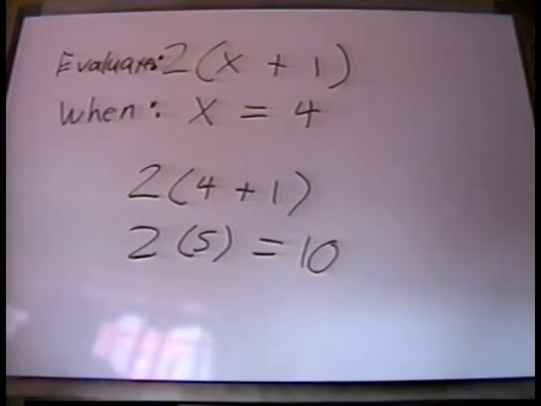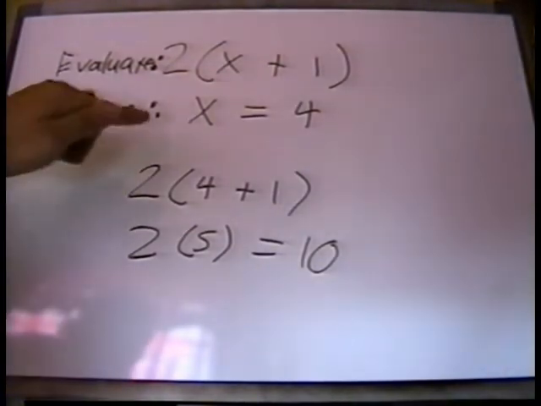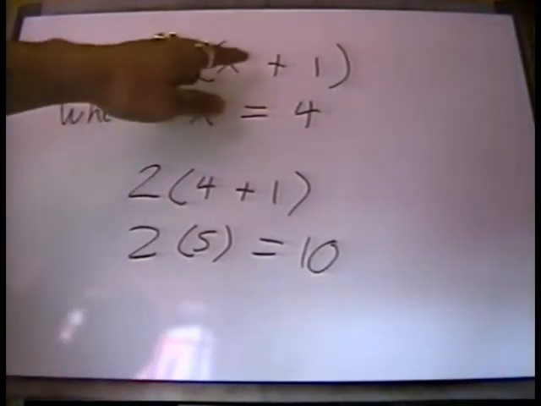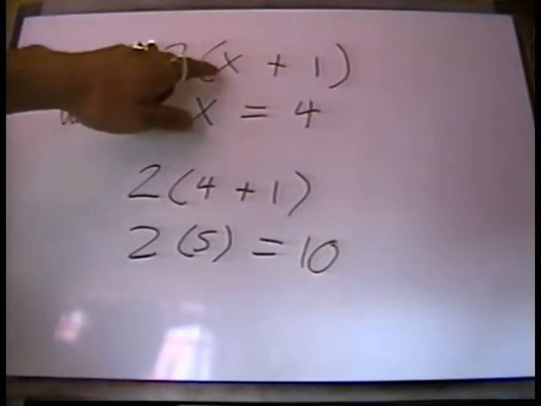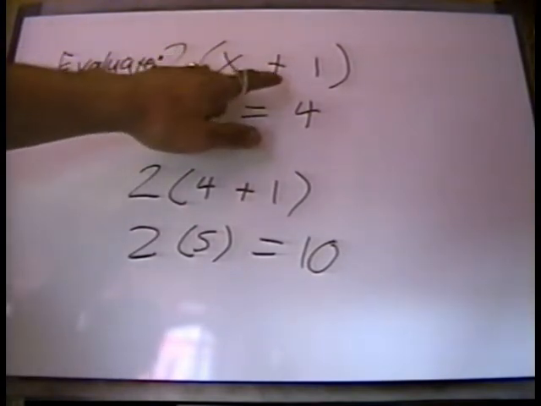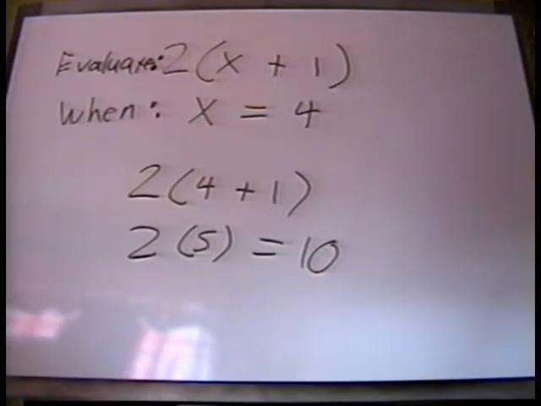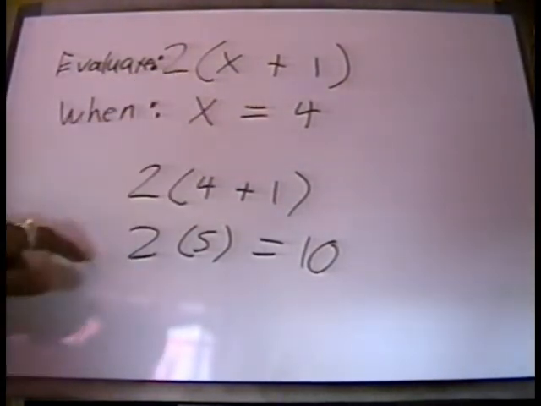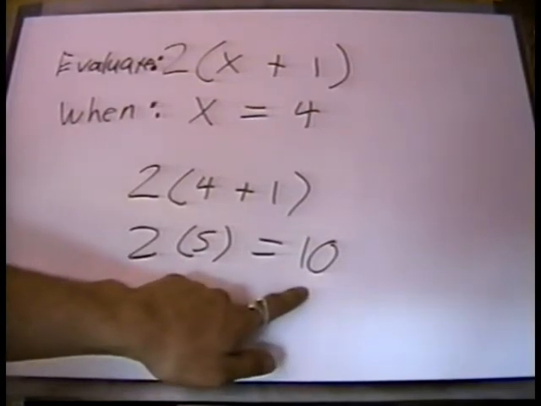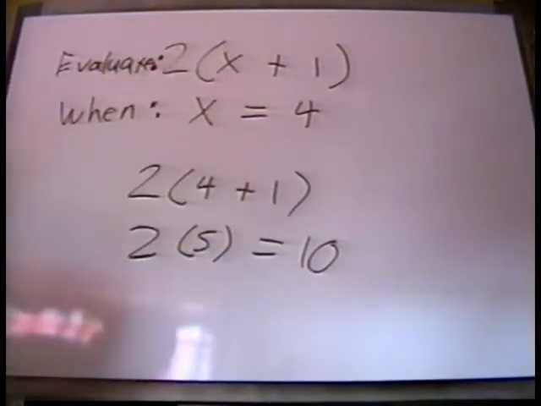So that's saying 2 multiplied by the sum of x and 1. For 2 multiplied by the sum of x and 1, when x equals 4, the answer is 10.